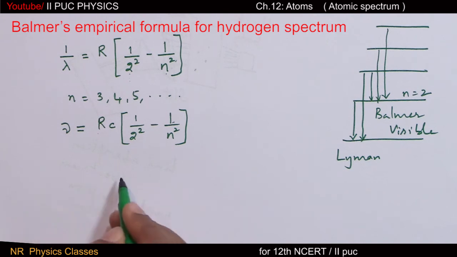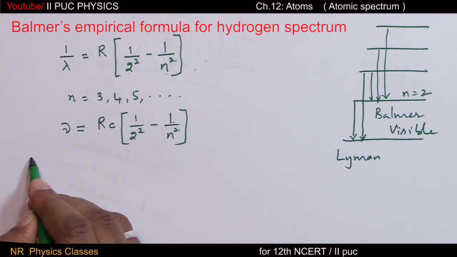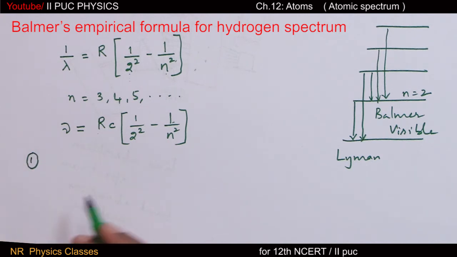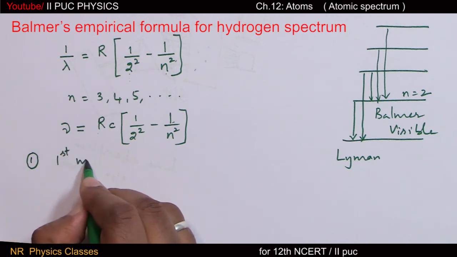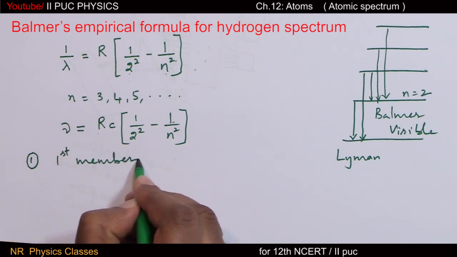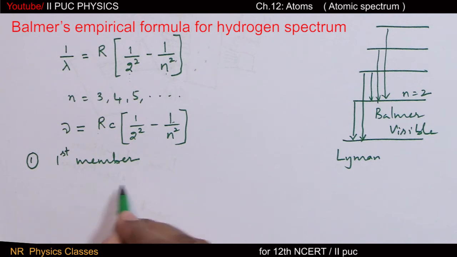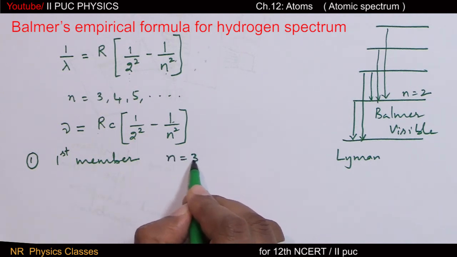Now, can you guess what is the wave number of the first member of Balmer series? First member. For the first member of Balmer series, n should be equal to 3.